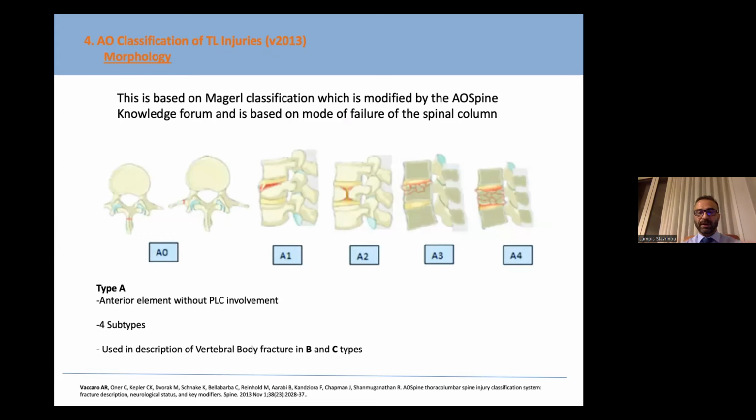Again, we have 4 subtypes, and keep in mind that these vertebral body subdivisions will be used again for the description of the types B and C. So knowing these A1 to A4 types sort of provides also a lot of information for the other types.